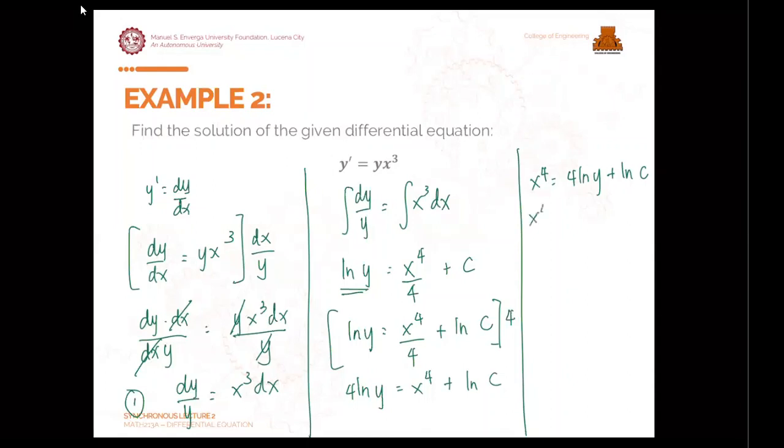Okay? Then x to the fourth is equals to, pag naka-plus ang ln, so 4 ln, ibig sabihin c times y. Okay? So this will be our final answer. Okay? Or kung mas strict kayo, pwedeng x to the fourth is equals to ln, tapos cy raised to 4. Okay?